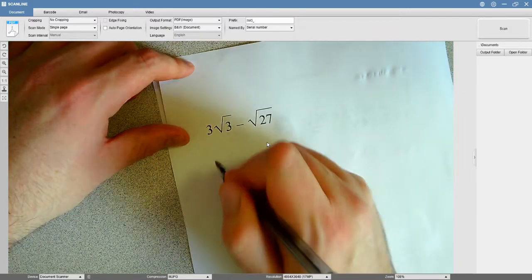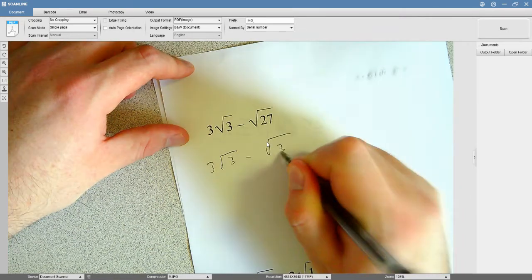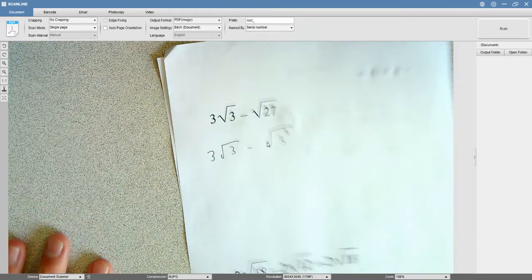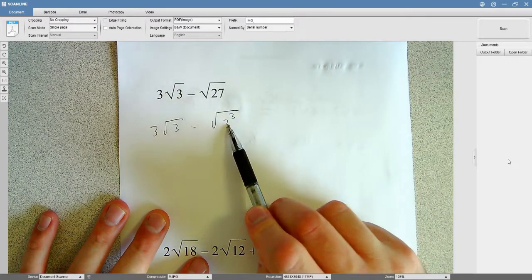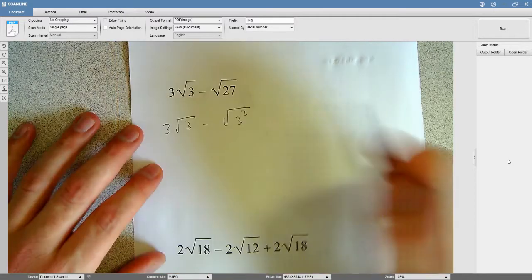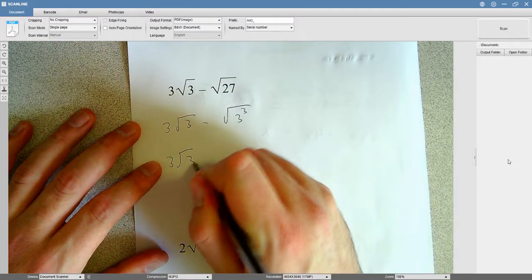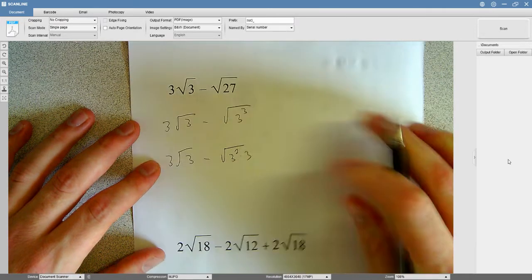So we can write this as 3 square root 3 minus the square root of 3 to the third power. Now, what's important here is that we can break up this 3 to the third power into 3 squared times 3. So this is 3 square root 3 minus square root 3 squared times 3.